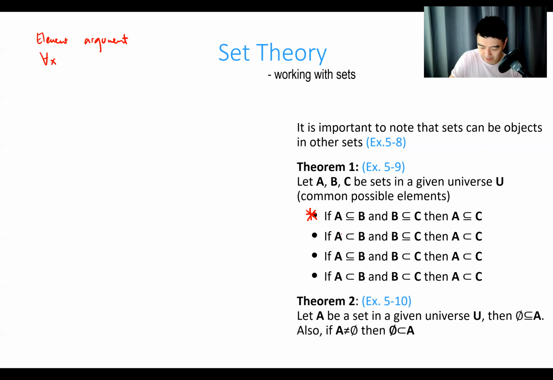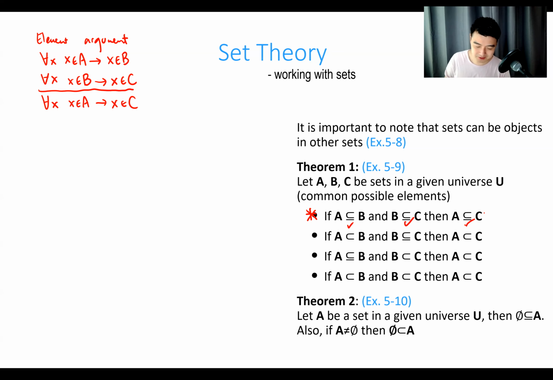So if I say A is a subset of B, then that means for all X, if X is in A, then X is in B, right? That's that part. For all elements, if X is in B, then X is in C. So therefore, I want to say for all X, if X is in A, then X is in C. And that is A is a subset of C. So that's the conclusion we want to make.